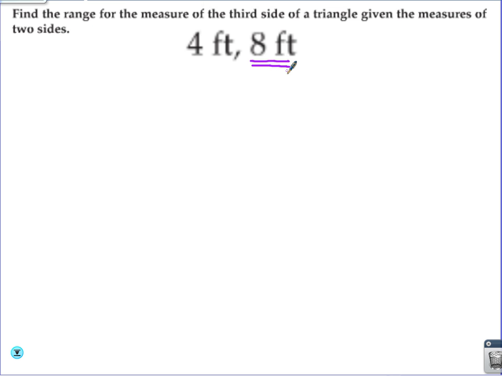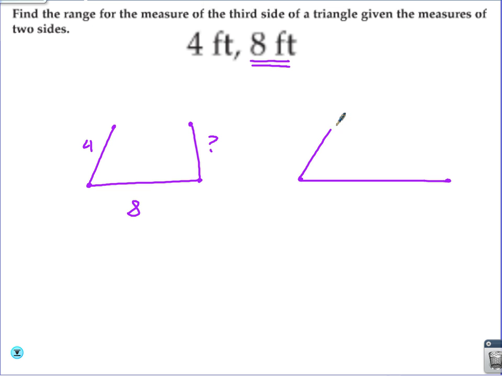First scenario, let's say that 8 foot is the longest side. So we got an 8 foot stick here, we got a 4 foot stick here, and we want to know, what does this side need to be? Second scenario. What if 8 is not the longest side? What if we've got 8 here and we've got 4 here, and the longest side is unknown? I want to know, in these two scenarios, what does the third side have to equal?